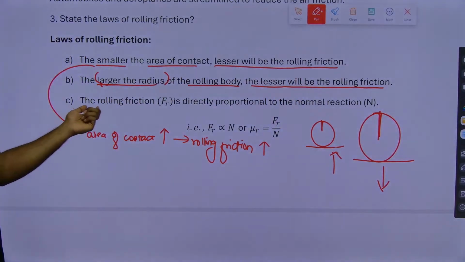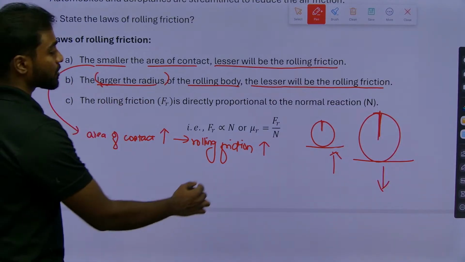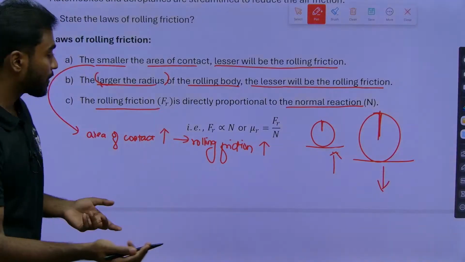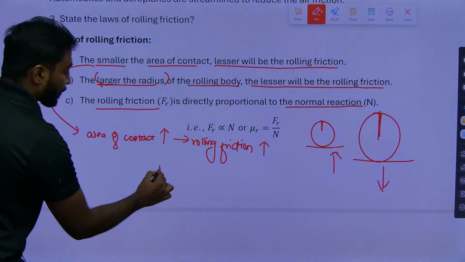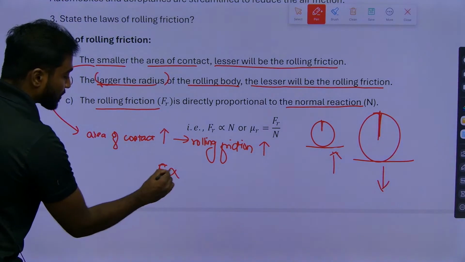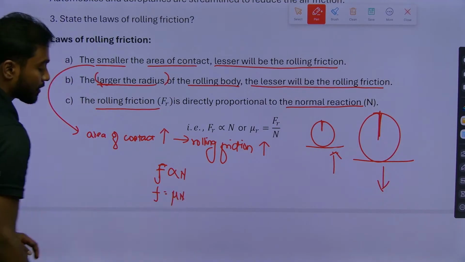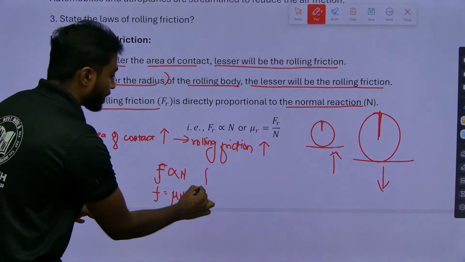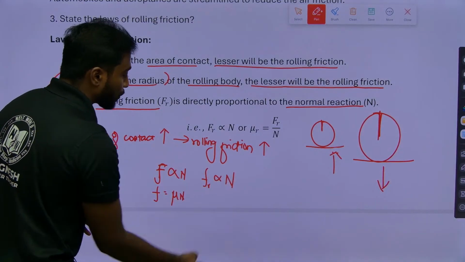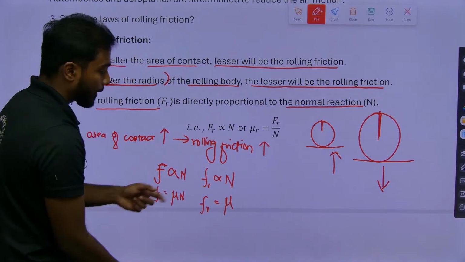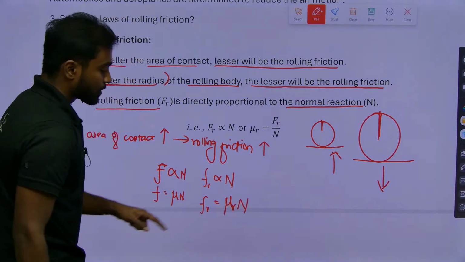The rolling friction is directly proportional to the normal reaction. Friction is directly proportional to N, so F equals mu N. Similarly, rolling friction Fr is directly proportional to N, so Fr equals mu r into N. What is mu r?